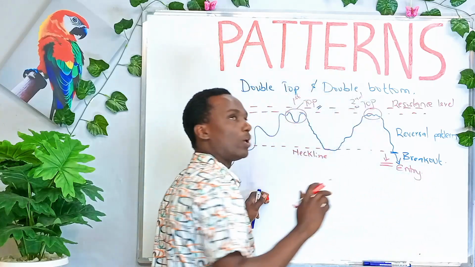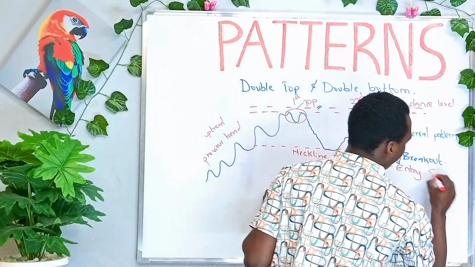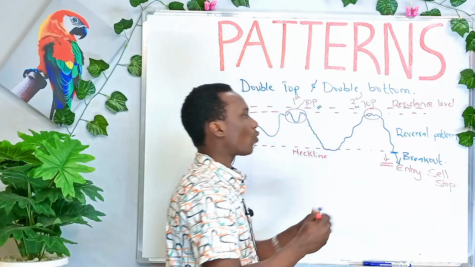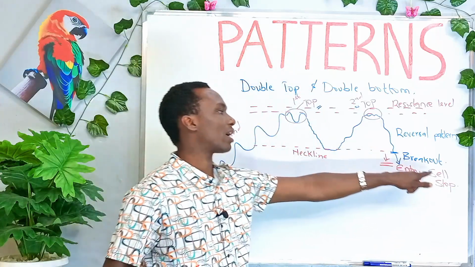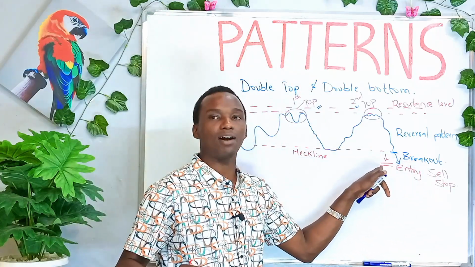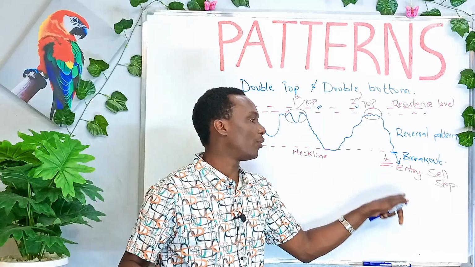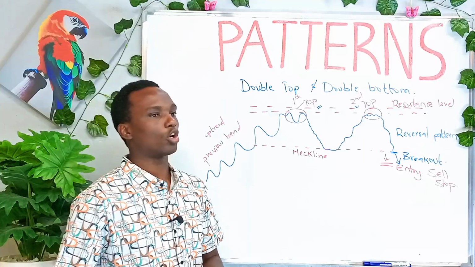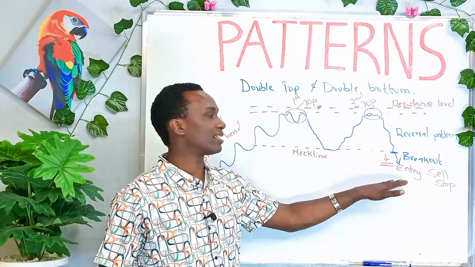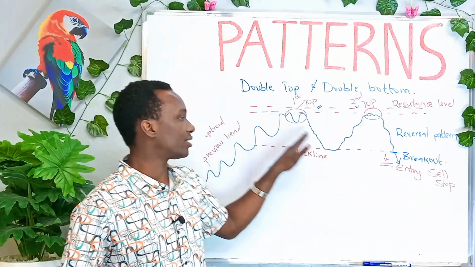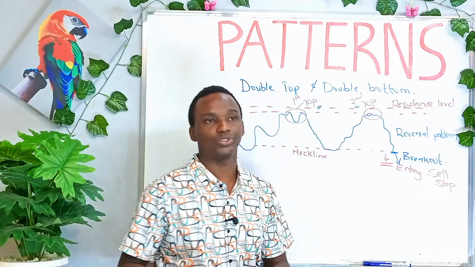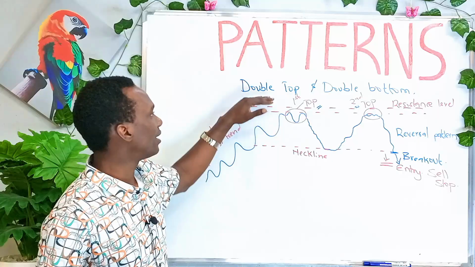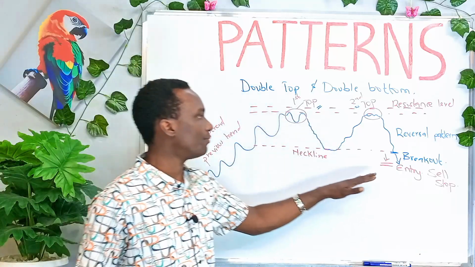Most often, we will place a sell stop order, so that when this breakout comes into effect, it will trigger us into the trade and we will continue with the reversal, because we are anticipating the reversal of this uptrend to a downtrend. That is simply the double top pattern.